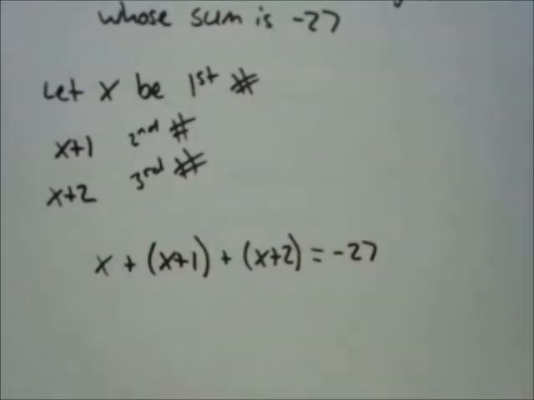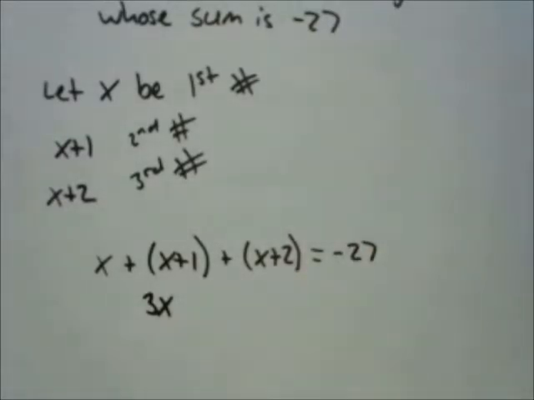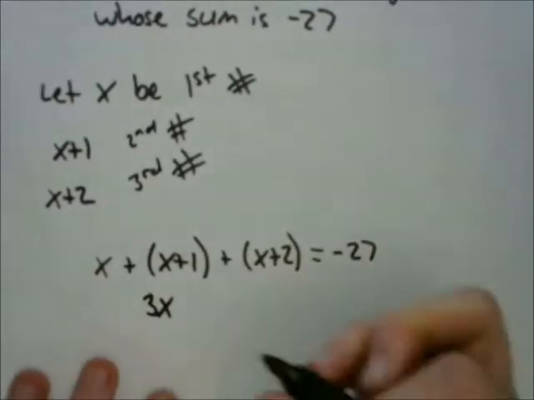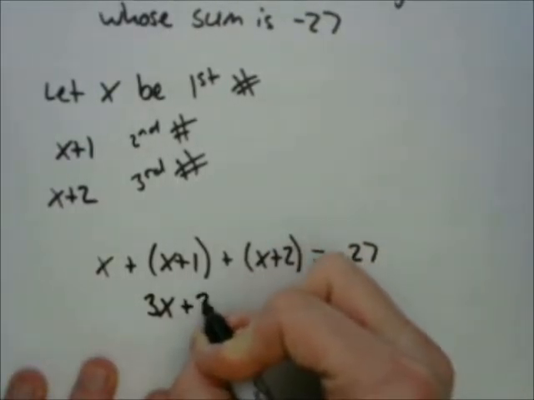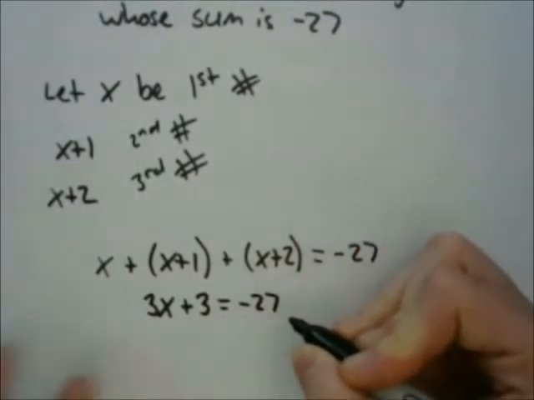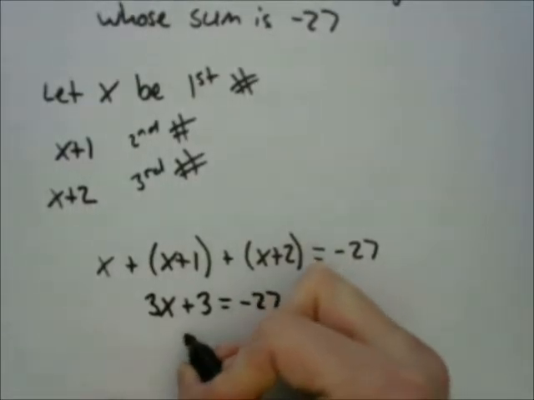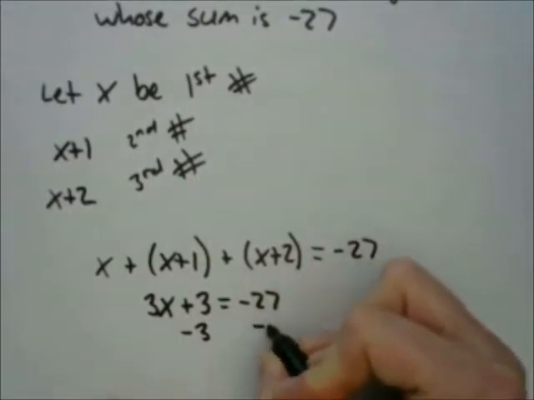Here on the left side, I have an x, an x, and an x. I want to add like terms, so that comes together to be 3x. And the 1 and the 2 come together to be a 3. I'll bring the equal sign and the negative 27 along. So here I just have a linear equation that I can solve by first subtracting 3 from both sides.